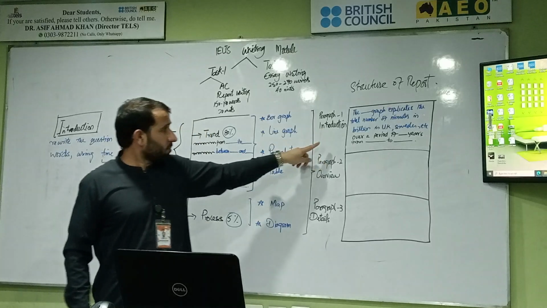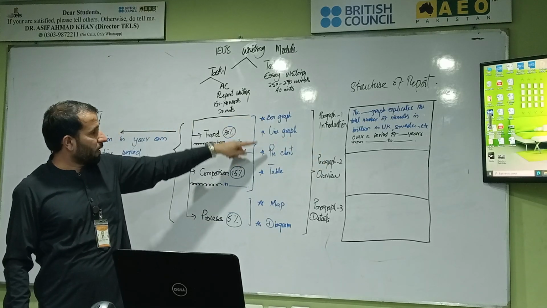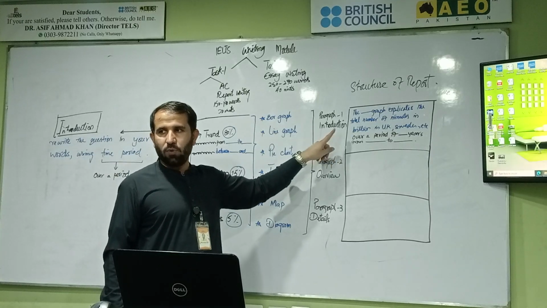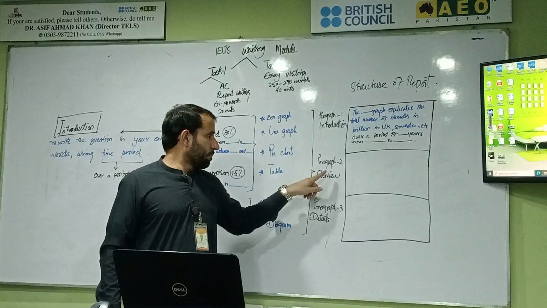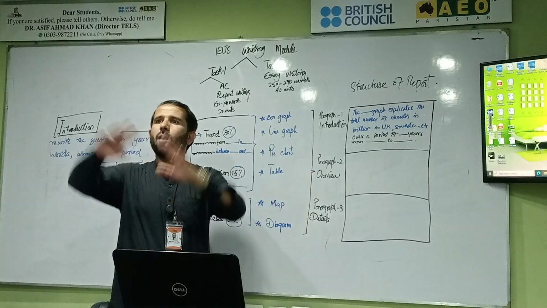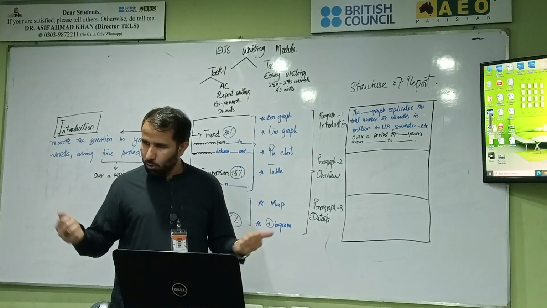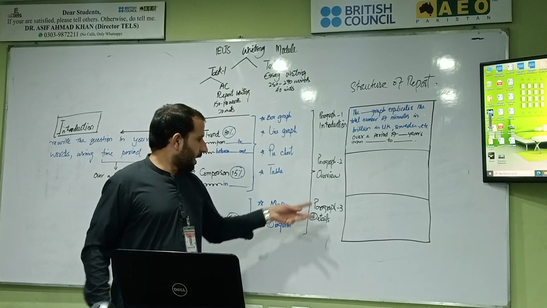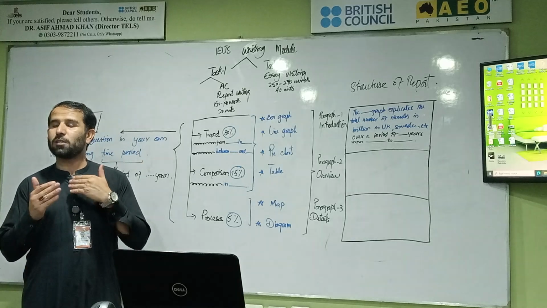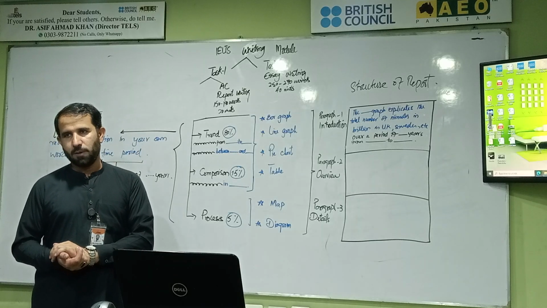Now the structure of a report is based on 3 paragraphs. Paragraph number 1 is introduction. Paragraph number 2 is overview. Overall, what is happening? You have to note that down. And then paragraph 3 is based on details. You will provide the whole details.